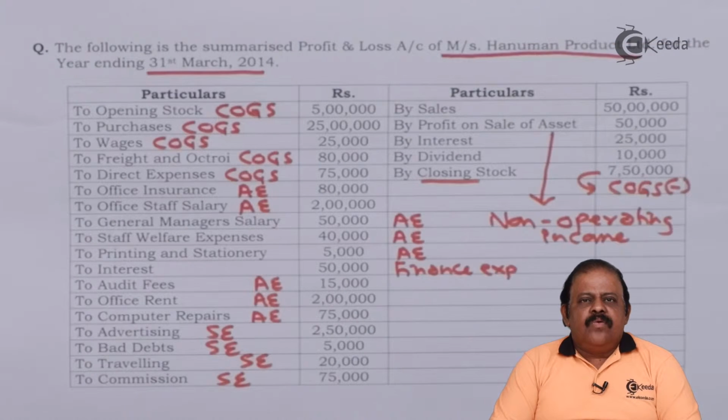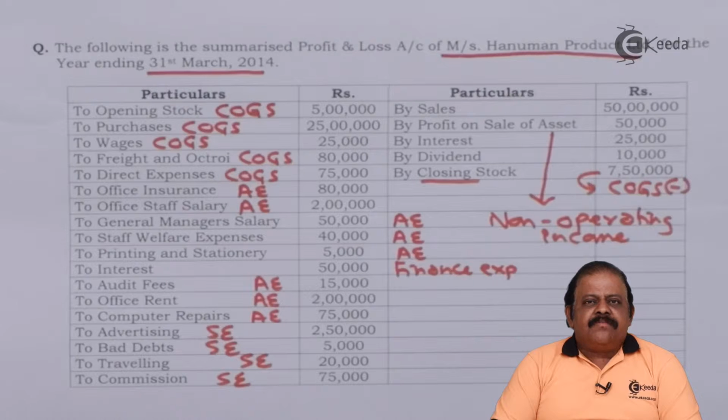In the question, we cannot get directly the figure of gross profit. We are required to calculate cost of goods sold. Sales minus cost of goods sold will give the amount of gross profit.